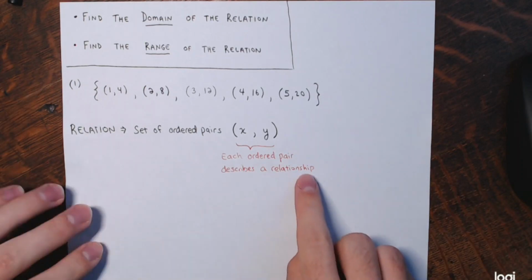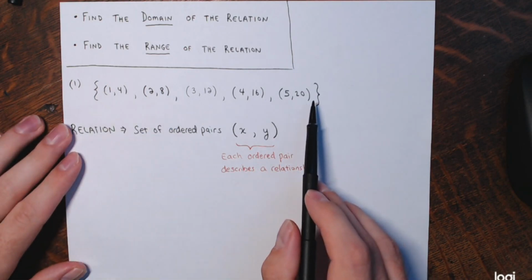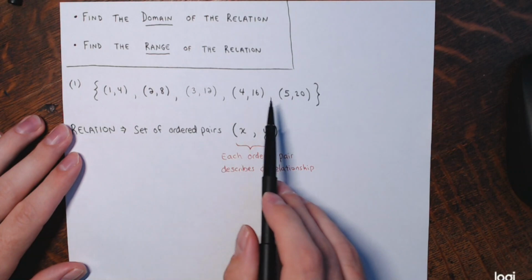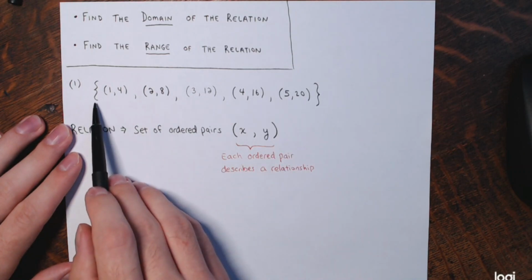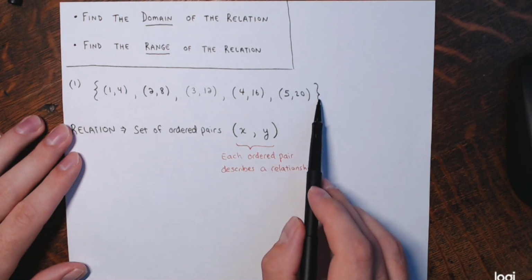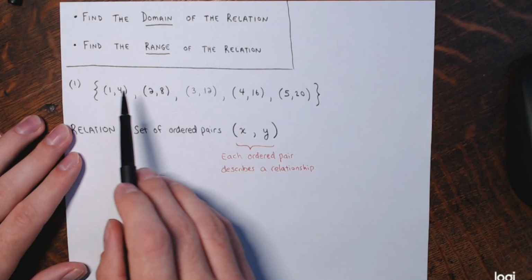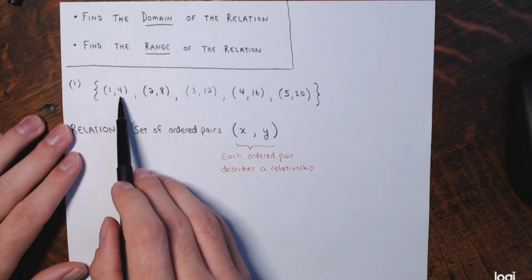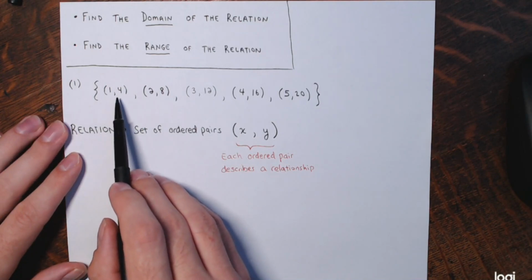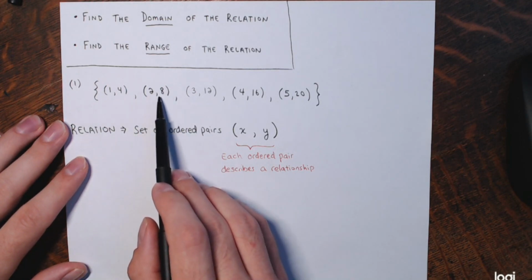So for instance, in this set of ordered pairs here, there are 5 ordered pairs in this set, and usually a set is surrounded by these curly braces. So this is a set of 5 ordered pairs. The first ordered pair is 1, 4, so 1 and 4 are related. Then the second ordered pair is 2, 8, 2 and 8 are related.